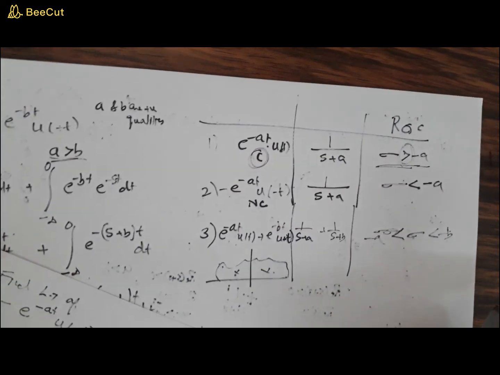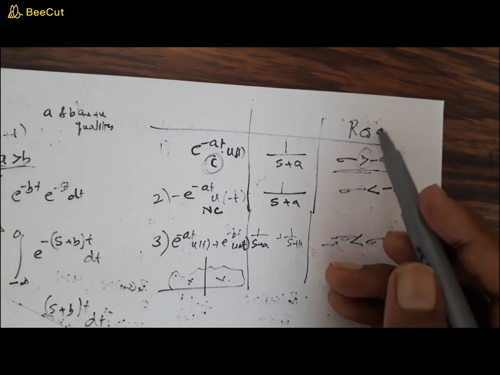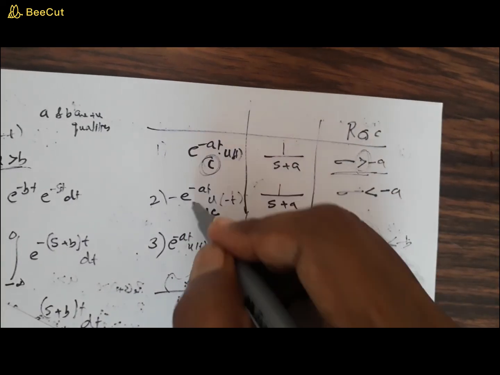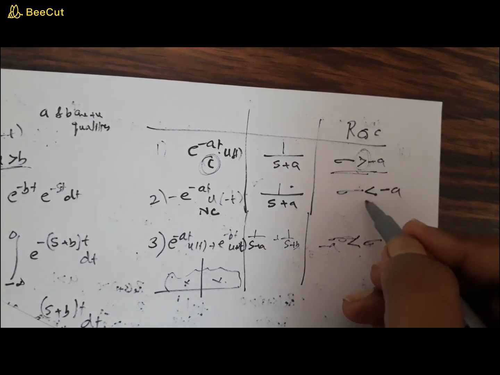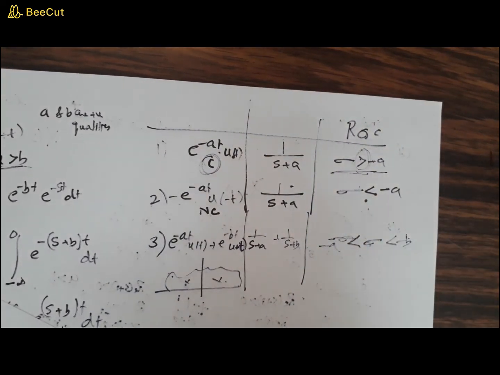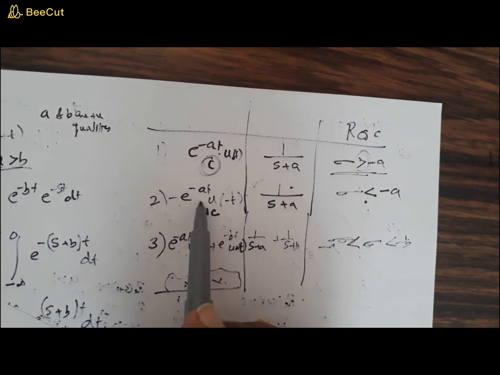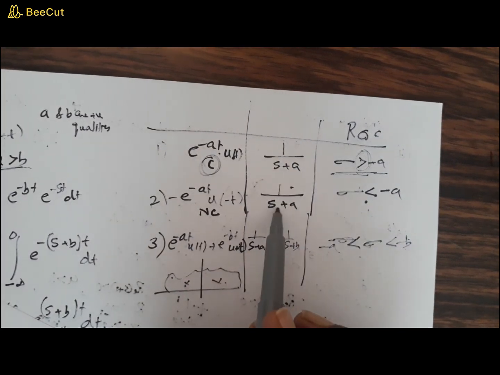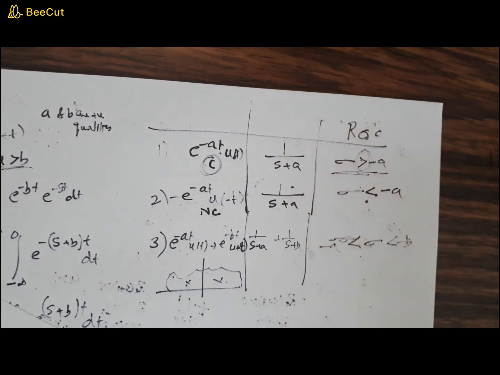Now another thing to be noted is the relevance of ROC. Look at this. These two signals have the same Laplace transform, but they differ in their ROC. So the region of convergence is of immense importance, because we have already proved that two different signals can have the same Laplace transform, but they will differ in their ROCs.